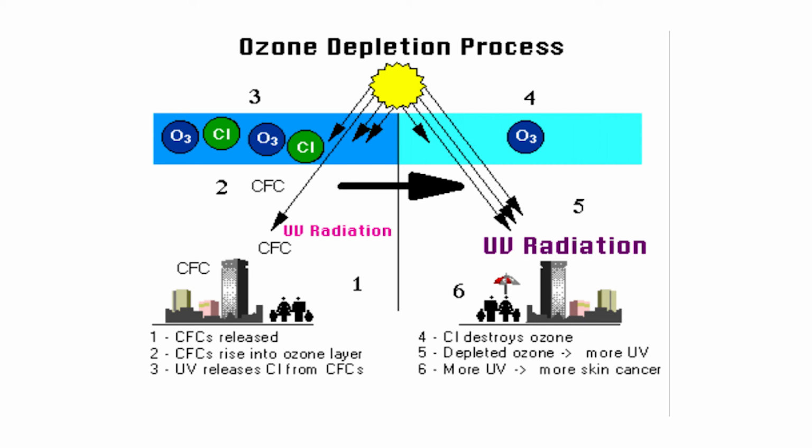When it is released, it goes up and reacts with the ozone, and the ozone is converted into oxygen. So the more freon you release, the more ozone will be gone. This was not known some time ago.